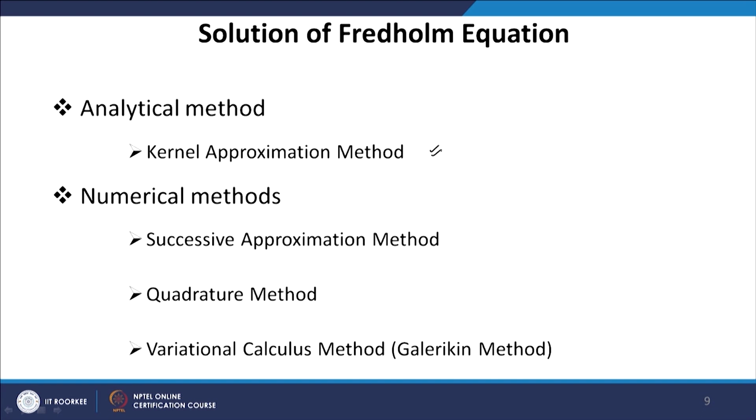So, in analytical methods we have what we call the kernel approximation method, and in numerical methods there are many methods, but the three most important methods used are the successive approximation method, quadrature method, and variational methods or Galerkin method. These methods are basically used extensively to solve problems in gray enclosures. I will discuss the successive approximation method and quadrature method in this lecture.